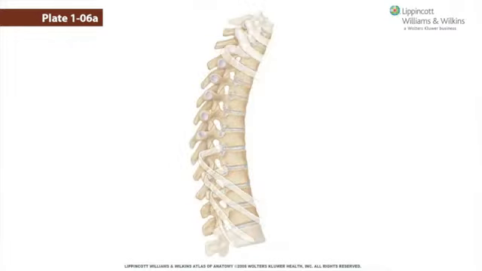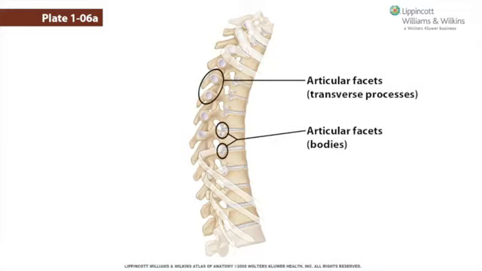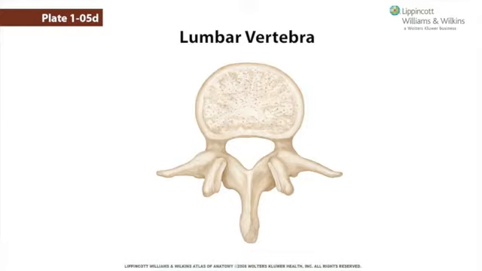Thoracic vertebrae are unique in that they articulate with ribs, so their distinguishing feature is articular facets on their bodies and transverse processes where vertebrocostal joints are formed. A lumbar vertebra is easily distinguished from cervical and thoracic vertebra because it has neither a transverse foramen nor any articular facets for the ribs.